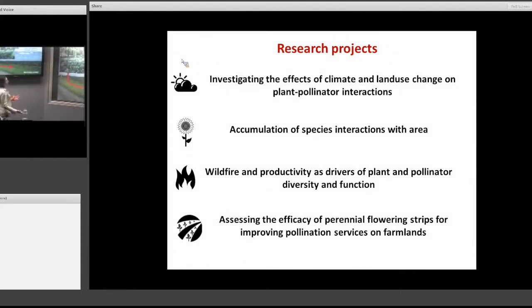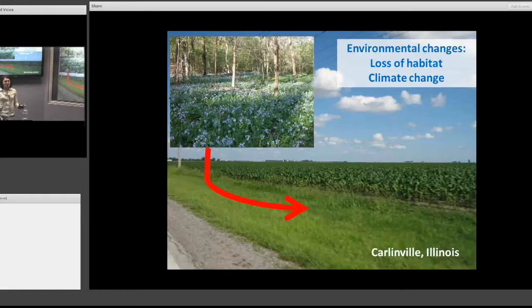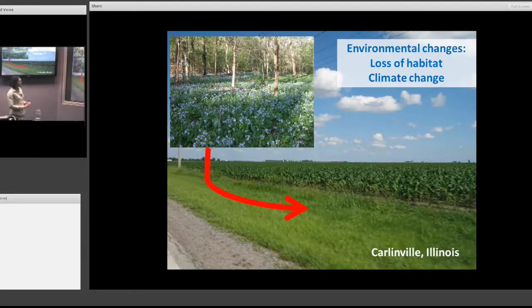as most of you likely know, forest communities in the US and elsewhere have experienced two major environmental changes in the past century: loss of habitat and climate change. Habitat loss can have obvious negative consequences on the abundances of species and a bit more subtle effects on species interactions.